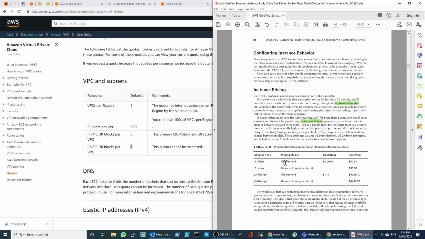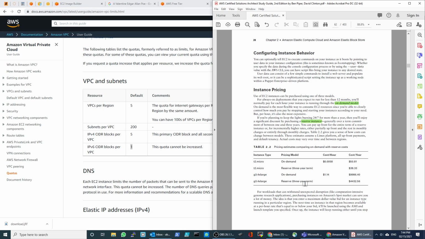So this is on demand, and this is the reserved 3-year term. Look at the difference in the price, the cost per year. For on demand, the cost per year is 50. When you reserve it for 3 years, it becomes like $38 per year. Percentage-wise, it's a big saving.